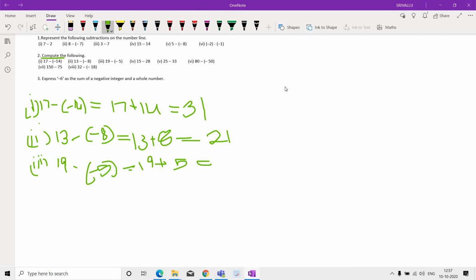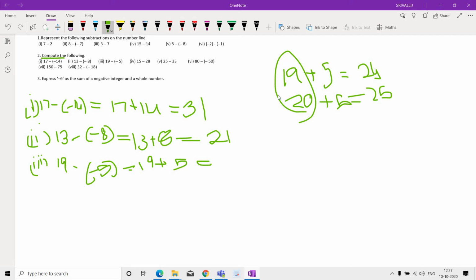See the difference. What is the difference between 19 and 20? Only 1. By a one number difference, the answer totally changes here.